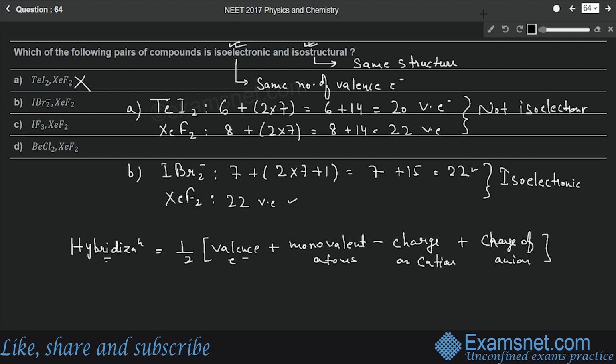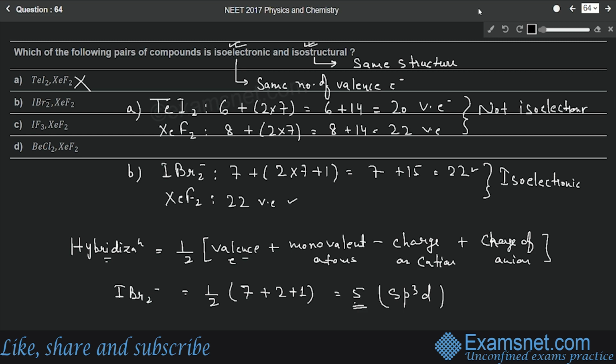So for the first one, that is IBr2 minus, here we have half, then we have valence electron is 7 for iodine. Iodine is the central atom here, right? So 7 plus monovalent atoms 2. Then we have no cation here, but we have an anion, so the charge on anion is 1. So plus 1. So here we get 5, and this 5 means that the hybridization is sp3d.